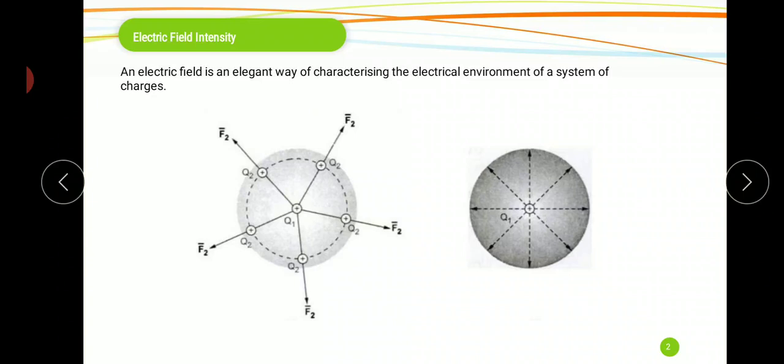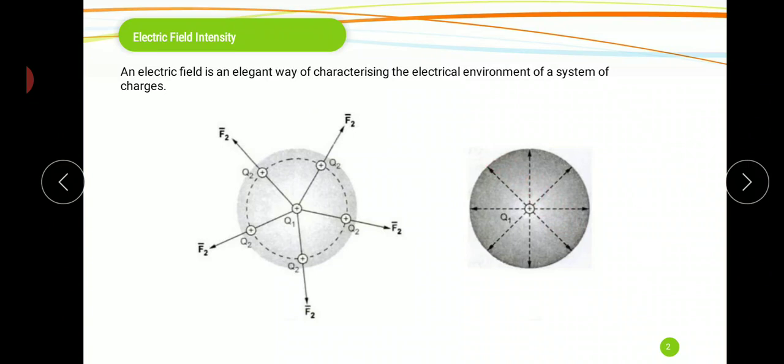That means, simply, electric field is the electric environment of a system of charges. This electric field is expressed in the form of electric lines of force.